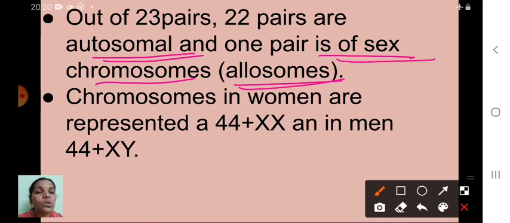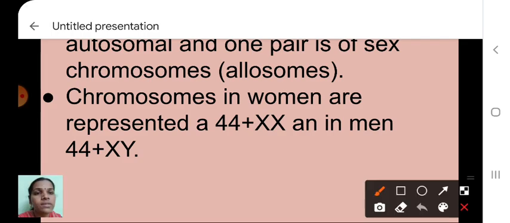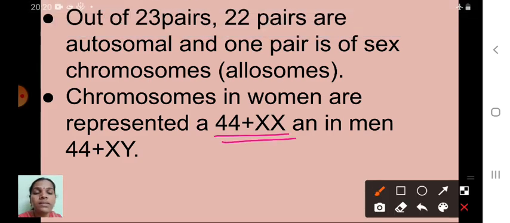Understood children? So chromosomes in women are represented as 44 plus XX. Okay, that is the sex chromosome. And in men, see here children, 44 are autosomes, and this is the sex chromosome. So this one is 44 plus XX, the chromosomes in women. And chromosomes in men are 44 plus XY.